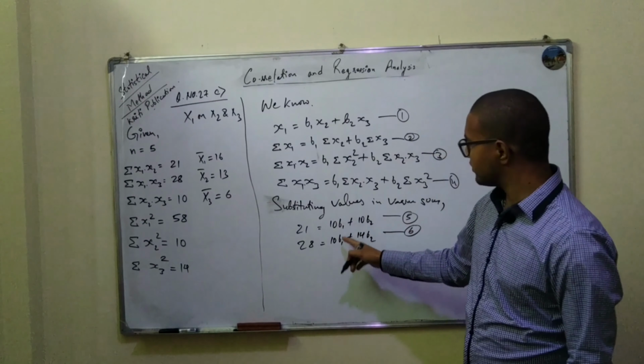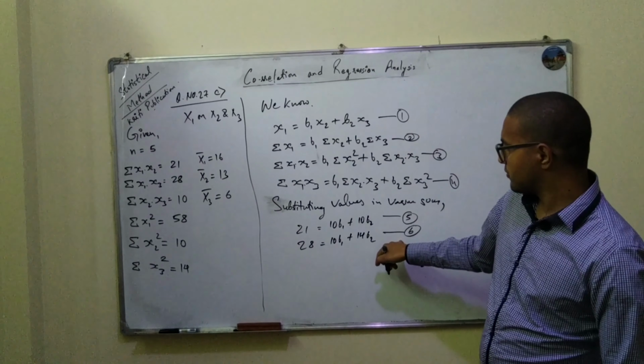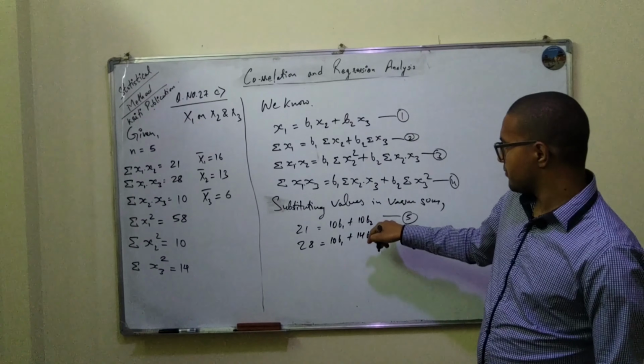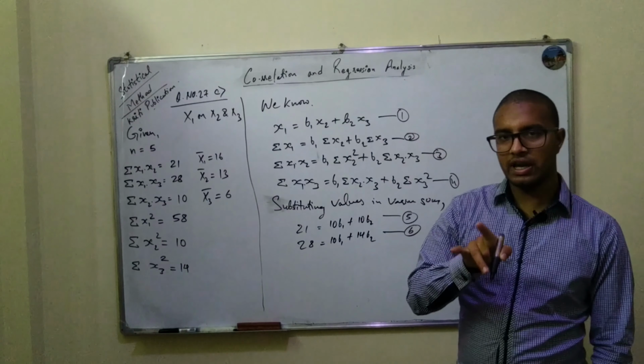So when you look at these equations, as you can see, if you subtract 5 from 6, the 10 and 10 would go. You will only have your b2 and you'll get your b2.